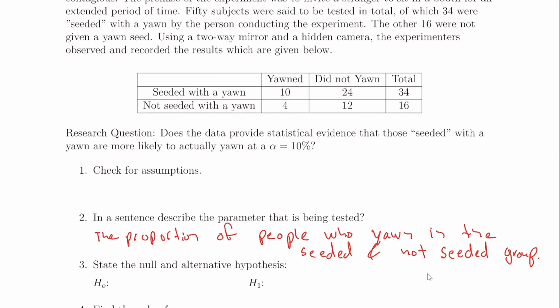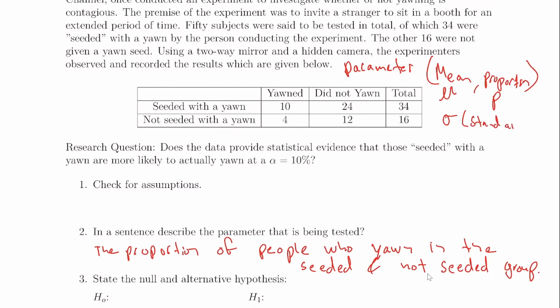That's your parameter. A little advice: anytime it says parameter, I want you to tell me if this is the mean, which is mu, the proportion, which is P, or the standard deviation, which is sigma.